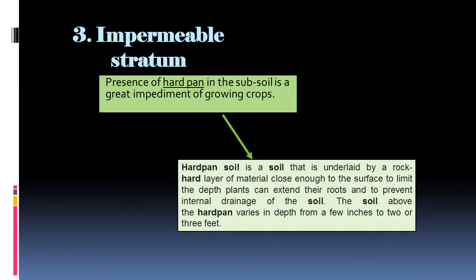The soil above the hard pan varies in depth from a few inches to 2 or 3 feet. This hampers vertical growth of roots of the plants and also drainage, resulting in stunted growth of the above ground parts of the plant. Before choosing the land, it is therefore necessary to dig a soil profile and examine the strata of the subsoil as well.